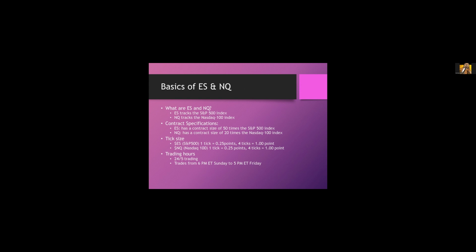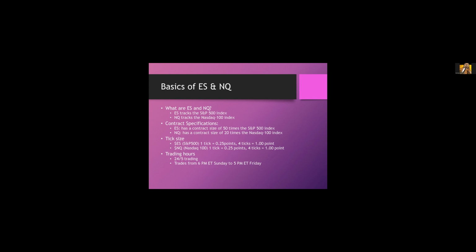The difference in contract specification is that ES has a contract size of 50 times the S&P 500 index, while NQ has a contract size of 20 times the Nasdaq-100 index. Now, when we refer to tick size, it's very similar to how, if SPY is at 450 and moves to 451, it moves up $1.